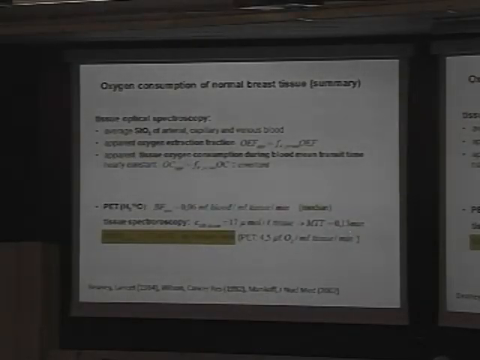And when we take this number and the apparent oxygen consumption, which we measure, we get an apparent metabolic rate of oxygen of 3.2 microliters of oxygen per milliliter of tissue and minute. This is a result very close to a result measured by PET many, many years ago. So the interpretation seems to be okay.